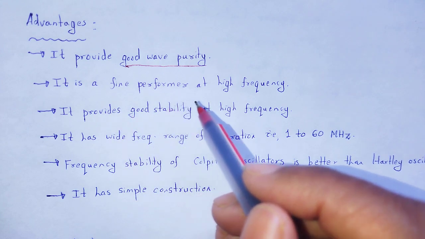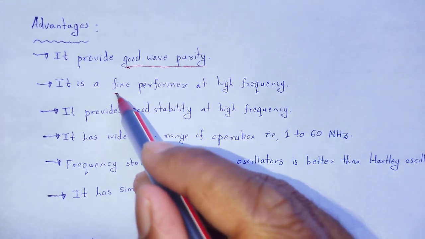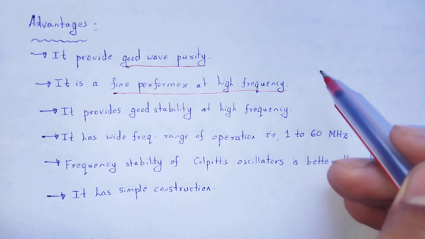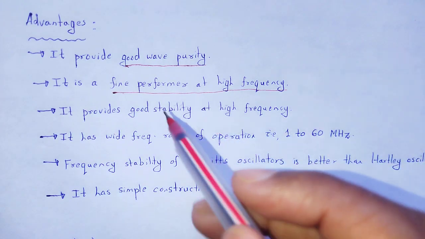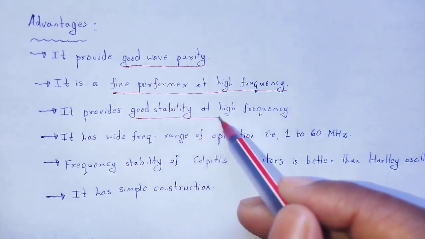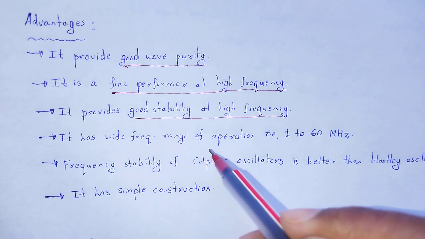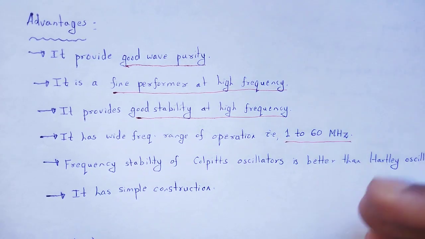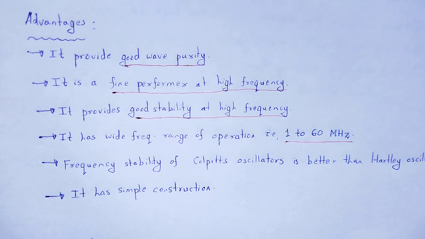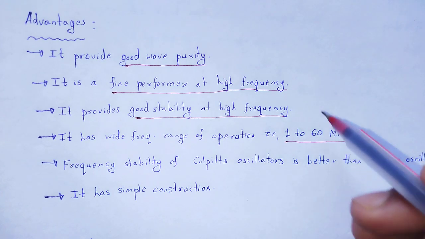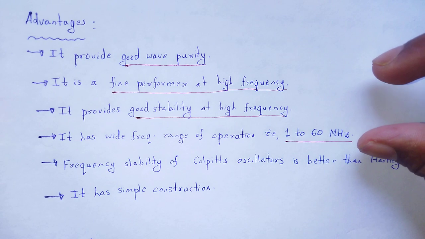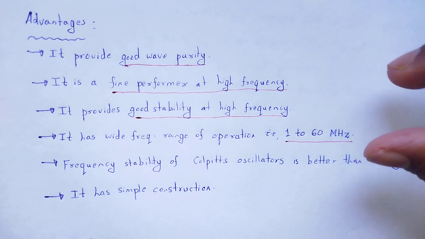It is a fine performer at high frequency. It provides good stability at high frequency, and it has a wide frequency range of operation, that is around 1 to 60 megahertz. In these 3 points, it concludes at high frequency it works better.